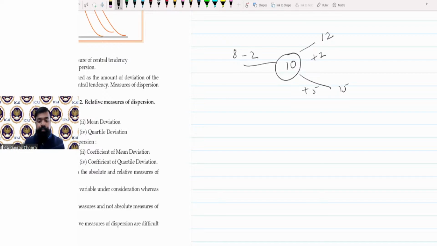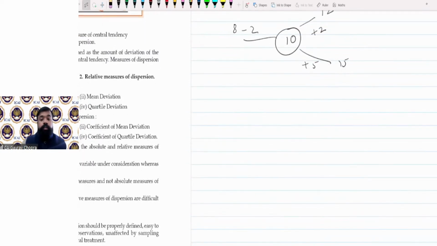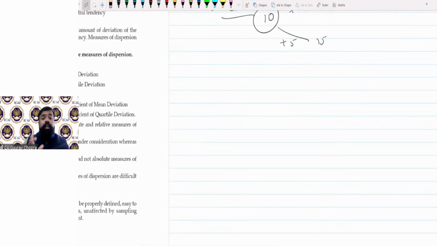Okay, right. So yes, everybody is now listening to the voice. That's great, perfect. So let us write the differentiation between the two measures of dispersion. There are basically two measures of dispersion.